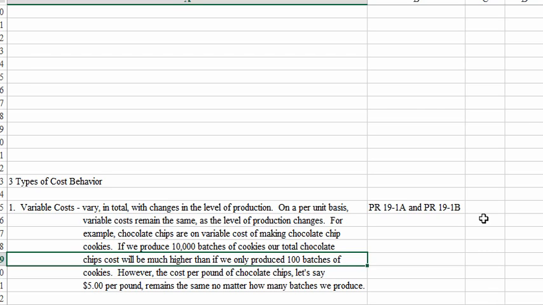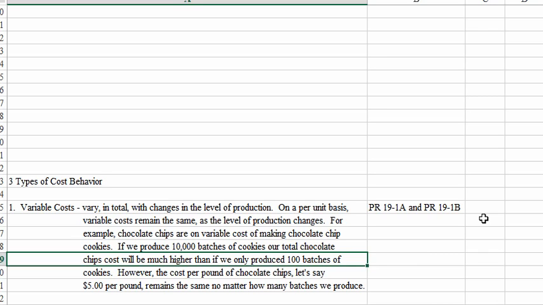So any direct materials would be a variable cost. The more lawnmowers we produce, the more lawnmower blades we need. The more pencils we produce, the more erasers we need, right?